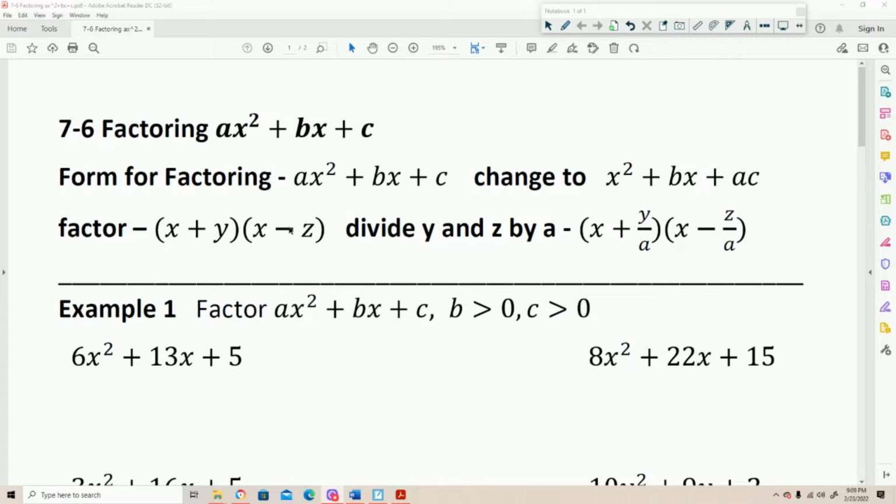Now obviously we would not have a minus here, and we're not really factoring this anyway, but we would factor that, and then we would bring this a back into the factors by dividing the numbers that we have here and here.